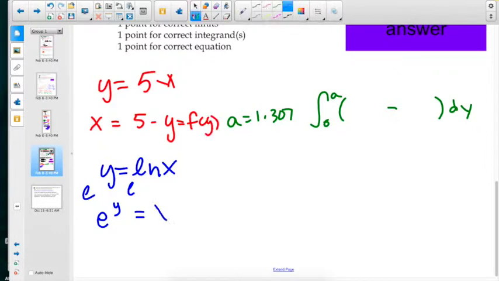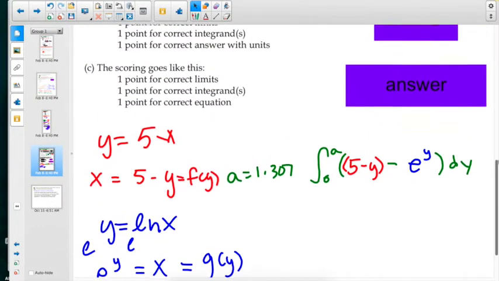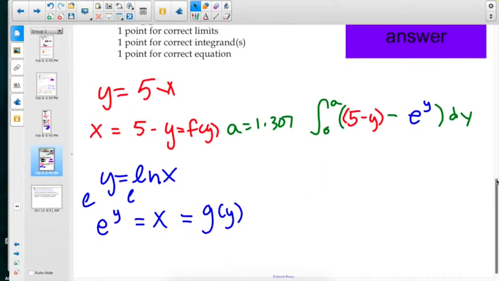And this is our smaller function, which is our g of y. There we go. So now we can put those in here. We have e to the y, and we have 5 minus y. And I think it just says set it up, right? Oh no, but it's a calculator. You could do an fint on that if you wanted to.